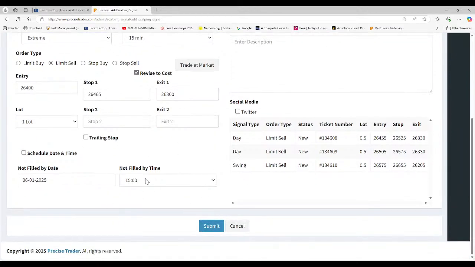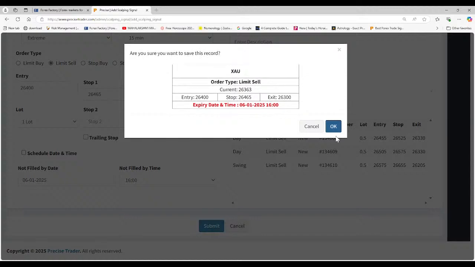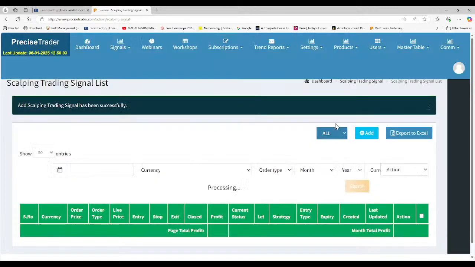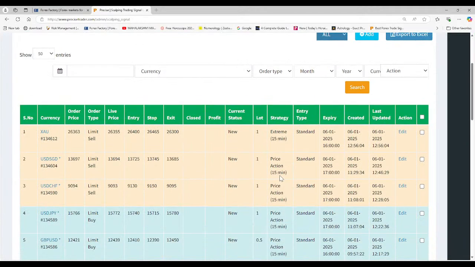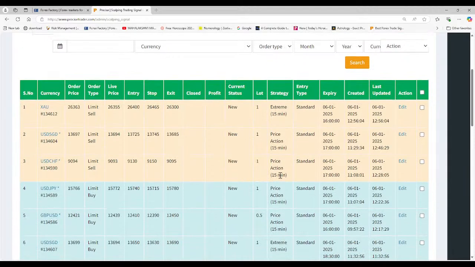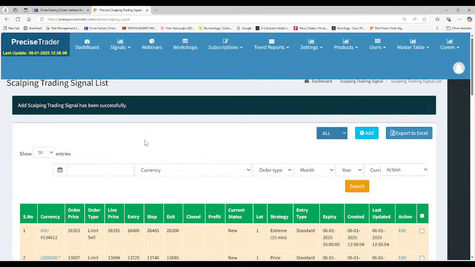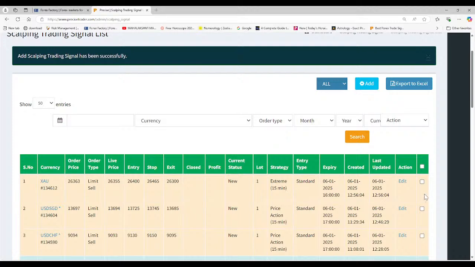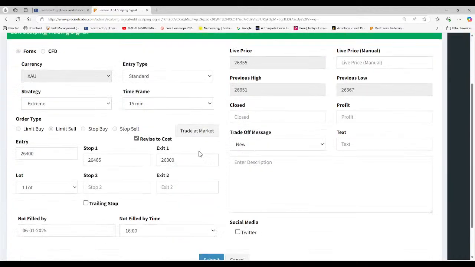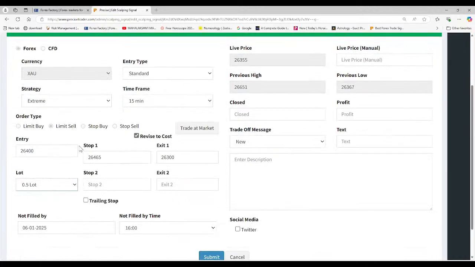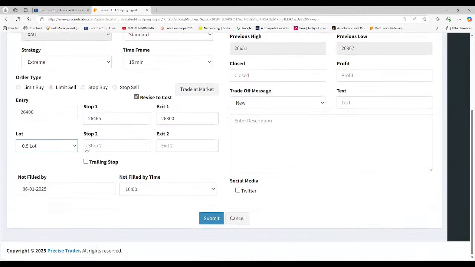So this one we will give until 4 because the market is a bit quiet, and we try to go for this trade. Okay, so I think hold on, sorry, this one you go for a half lot. Okay, this is a half lot.